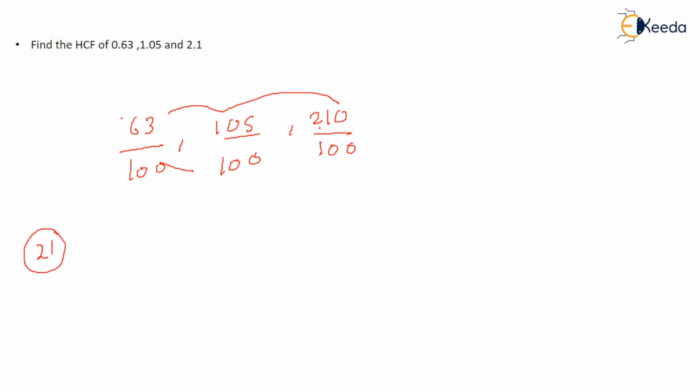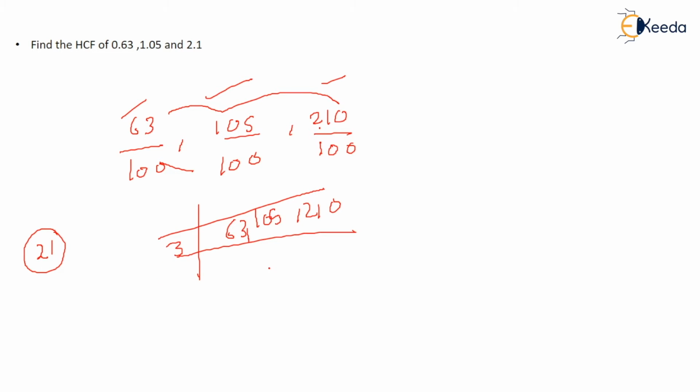If I see, 21 comes to my mind. 21 can divide this, yes. 21 can divide this, yes. And 21 can also divide this. So 21, I think, is the HCF. Can we find it out? Yes, we can find it like this. Take 3 as common.